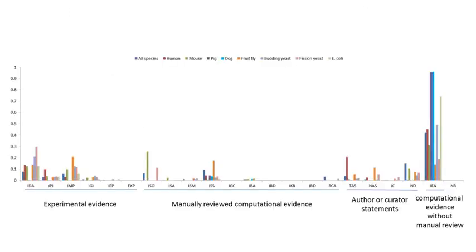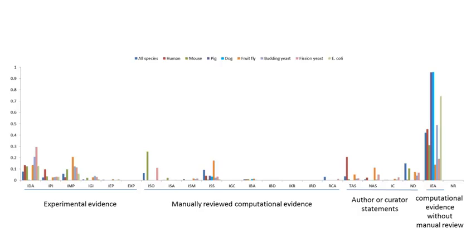So, among all the genes annotated in Gene Ontology, what percentage of the annotations are based on experimental evidence, what percentage are manually reviewed computational predictions, and what percentage by completely computationally predicted evidence without manual review? What would you guess? Well, it depends on the species.